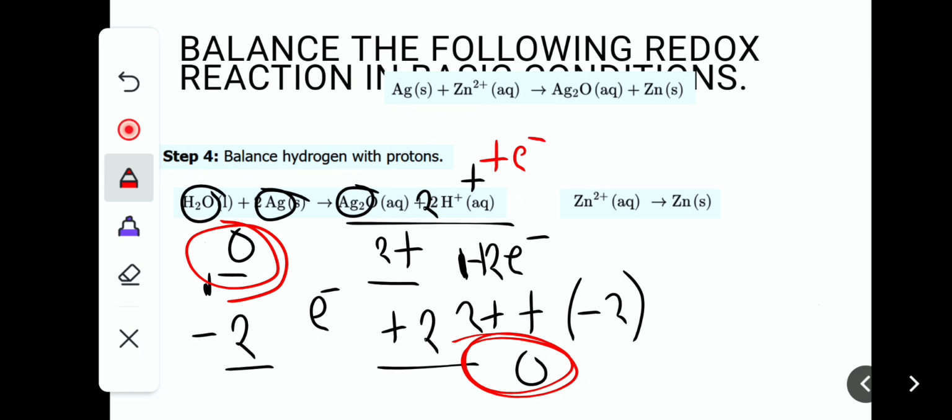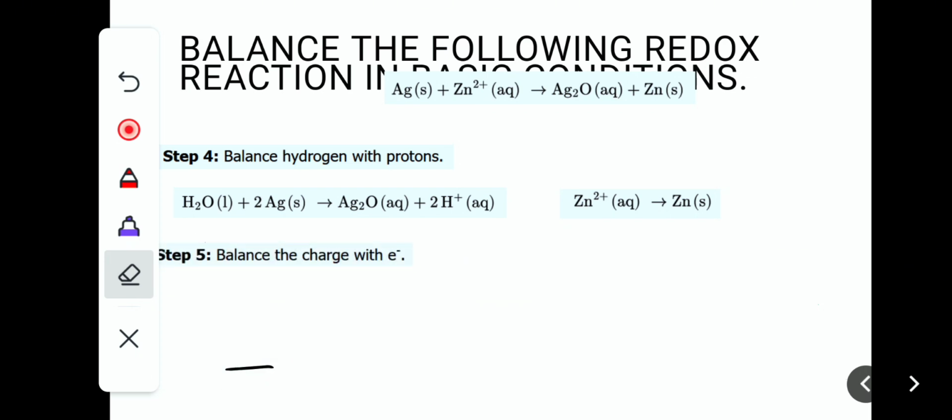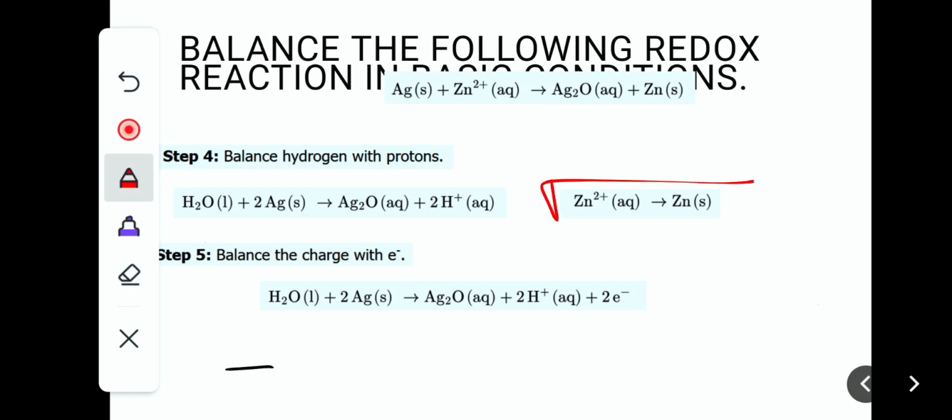So we're going to have something that looks like that, the balanced charge. We've now added 2 electrons on this other side. That's what we have. And then after that, we're going to try and balance the zinc equation this side.